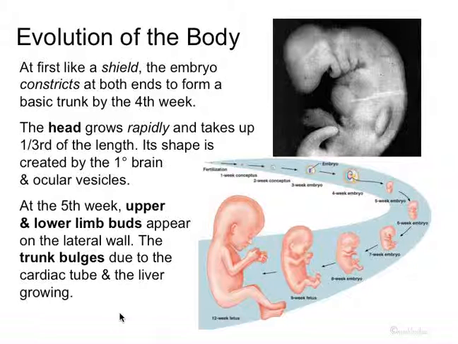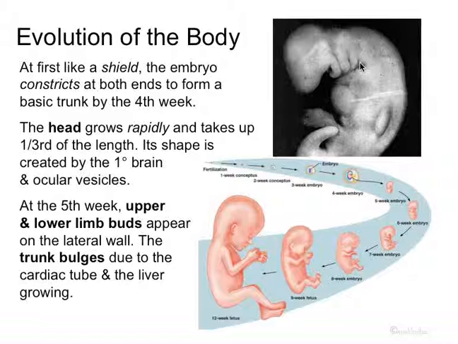Then we move forward, and like a shield, the embryo constricts at both ends and forms a basic trunk at about 4 weeks. The head then grows rapidly and takes up about a third of the length, shaped by the primary optic vesicles.